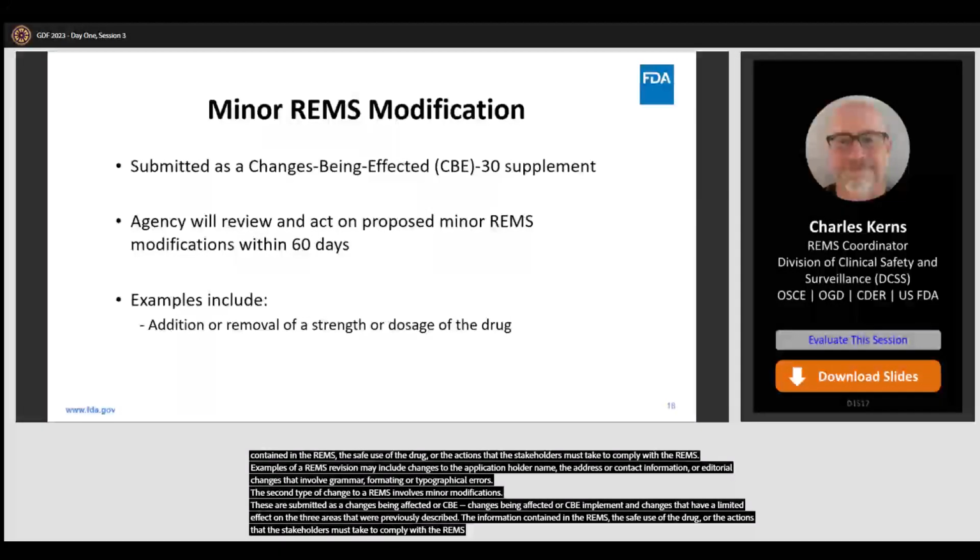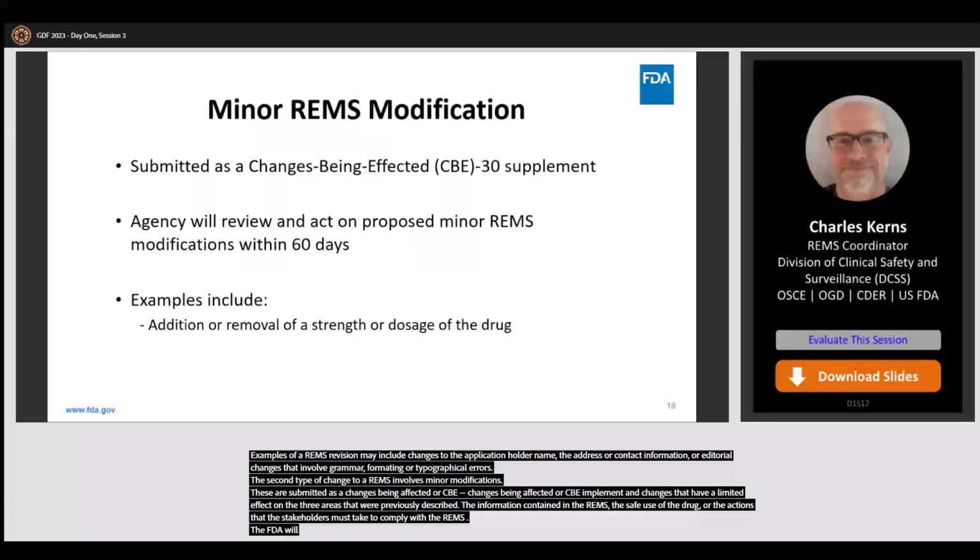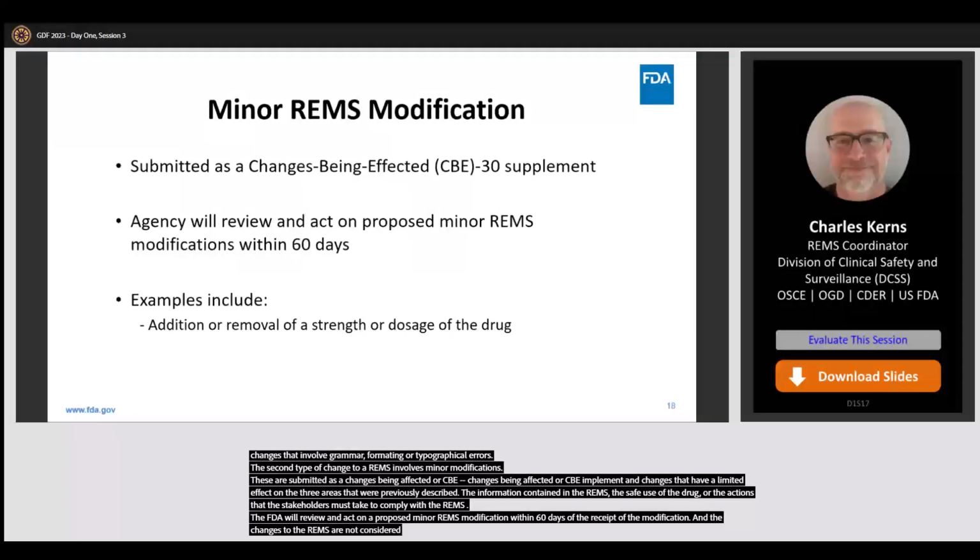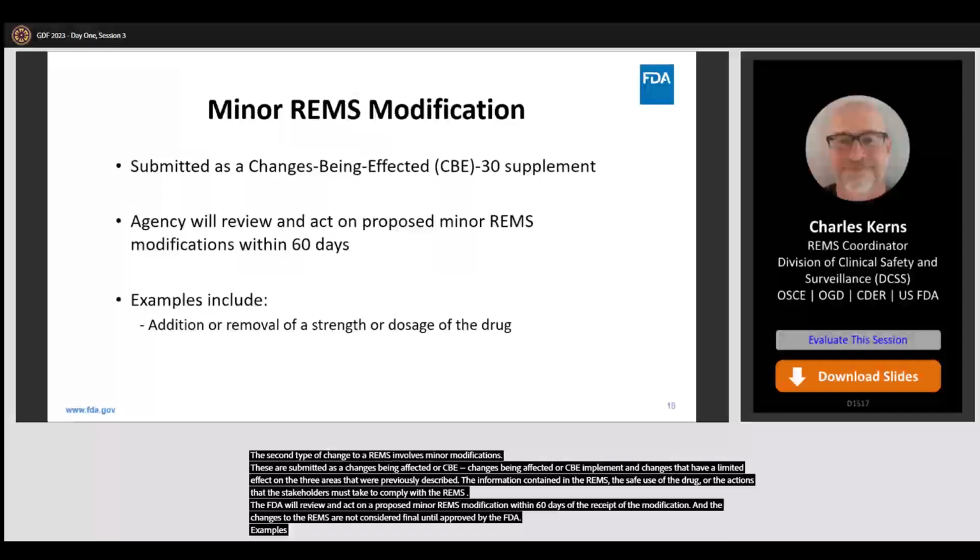The FDA will review and act on a proposed minor REMS modification within 60 days of the receipt of the modification, and the changes to the REMS are not considered final until approved by the FDA. Examples of a minor modification include the addition or removal of a strength or a dosage of the drug.